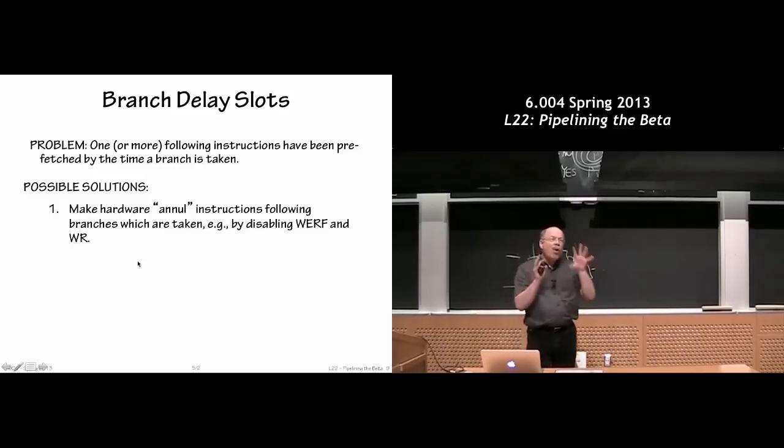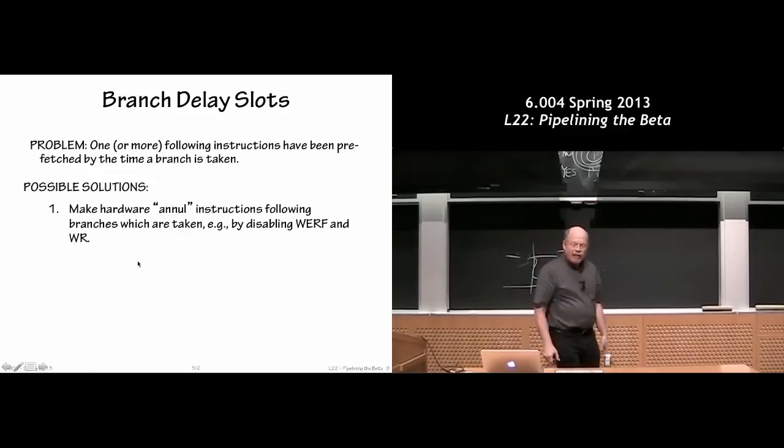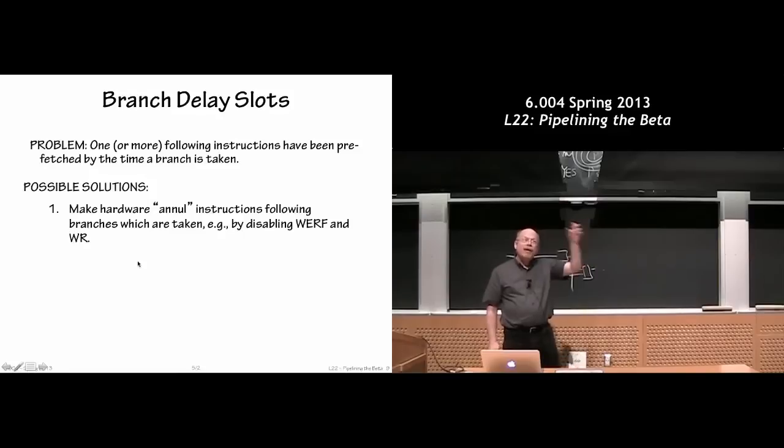We're going to execute a no operation. Now there are different ways we can do that, and we'll have a very simple way that turns out to serve us well. You can turn off the write enables, the things that cause the state of the machine to change, you can just disable them, and now the state of the machine doesn't change, so it's like the instruction was never executed.